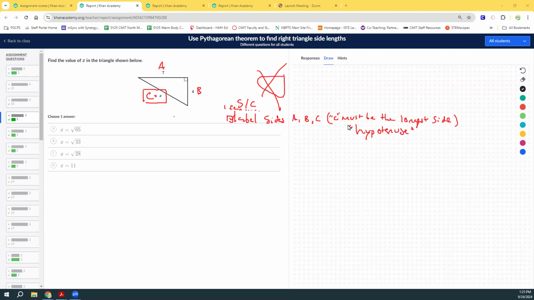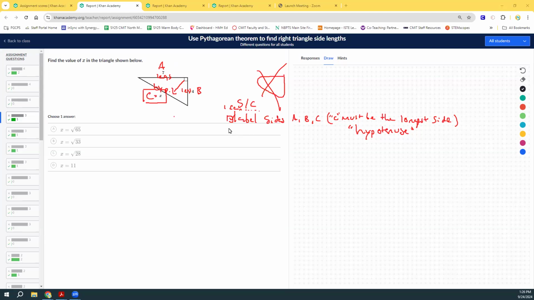And these sides are called the legs. And guess what? The legs are interchangeable. We could have made this A and this B, or we can have it like it is. Either way is fine. But C has to be the hypotenuse, across from the right angle.